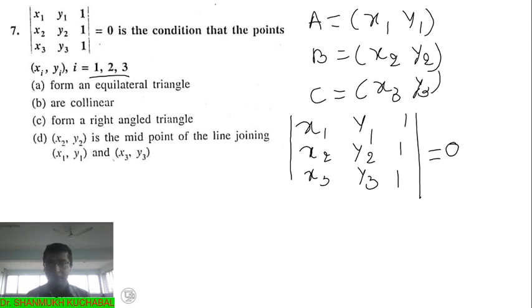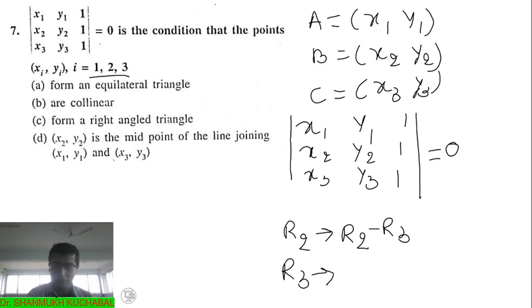Okay. So this we have as a determinant. We'll make a maximum number of zeros and we'll expand the determinant. So we'll perform row 2 changes to row 2 minus row 3. That is, this place will become 0. And row 3 changes to row 3 minus row 1. This elementary operation we perform in this particular determinant.